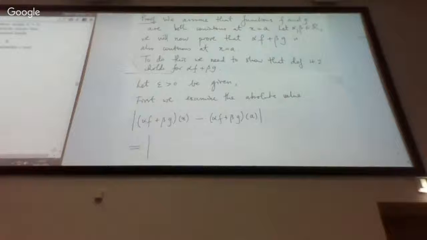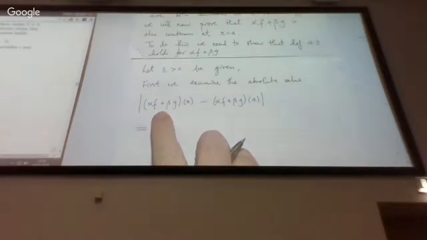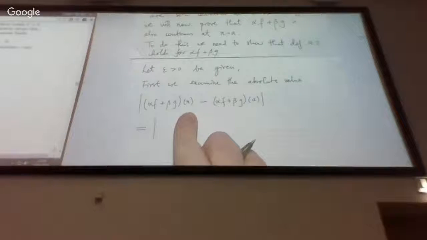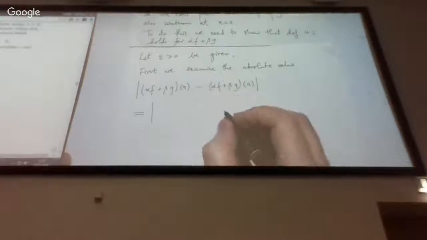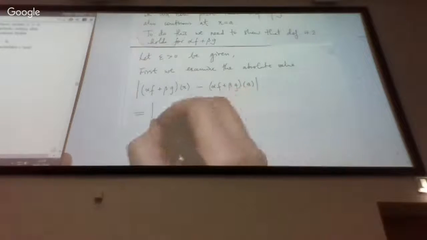So first of all, we'll re-express this. We'll re-express it by applying the definitions of the operations of scalar multiplication of a function by a coefficient alpha and beta, and what it means to add two functions together. Well, let's just expand these brackets first of all.